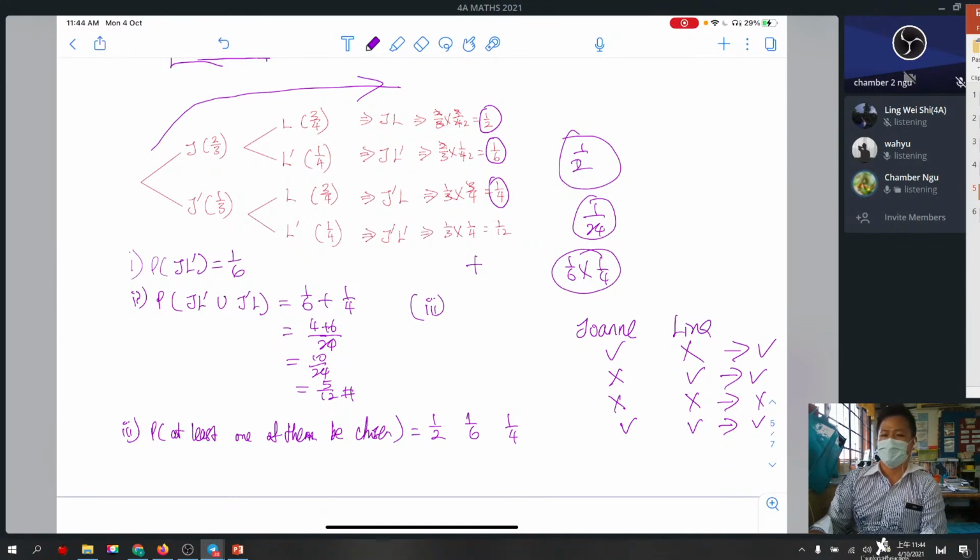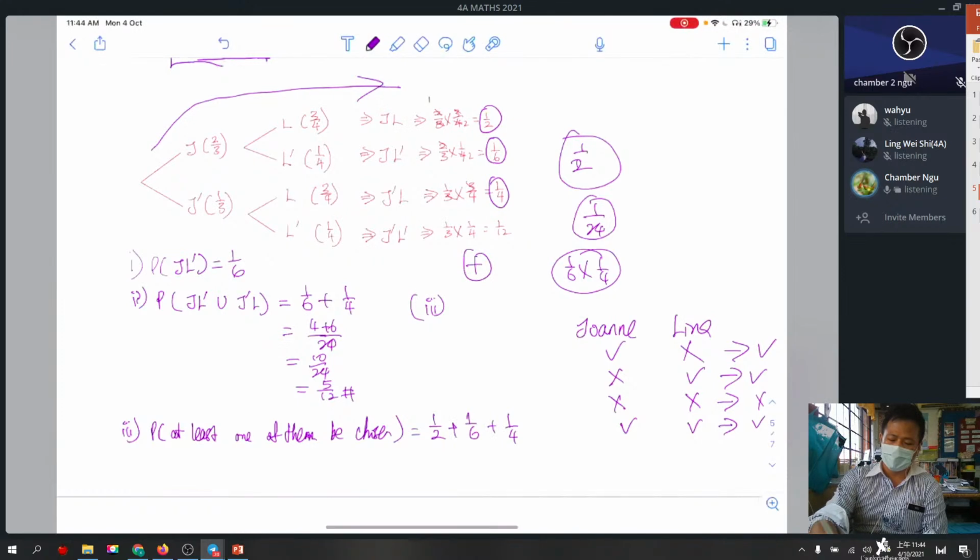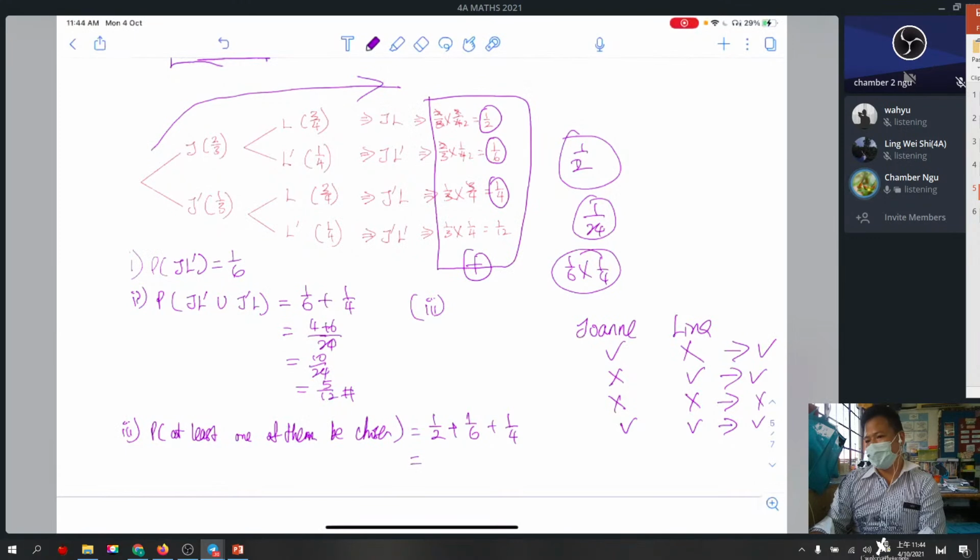Got you? Tambah, bagus. Because I say this one have to be tambah. So 1/2 plus 1/6 plus 1/4. What is the answer? Got you? Over 12.